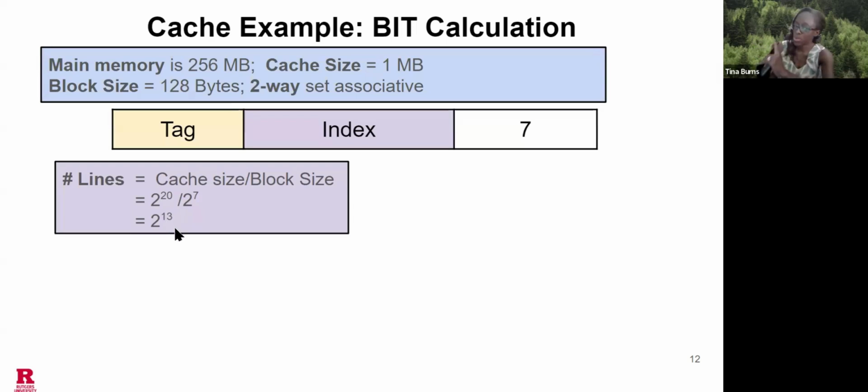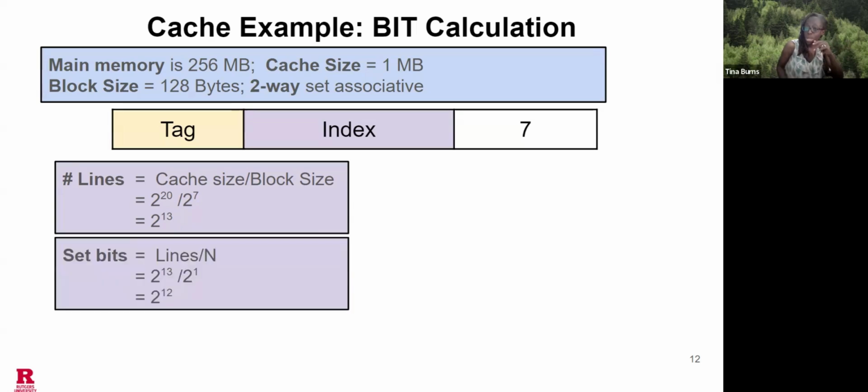But wait, there's more. So now I know how many lines I have, but keep in mind there's some associativity with this. That means I'm not going to need the same number of bits for every line because I have a two-way cache. So for the number of sets, because I have a two-way cache, I can have 2 items per set.